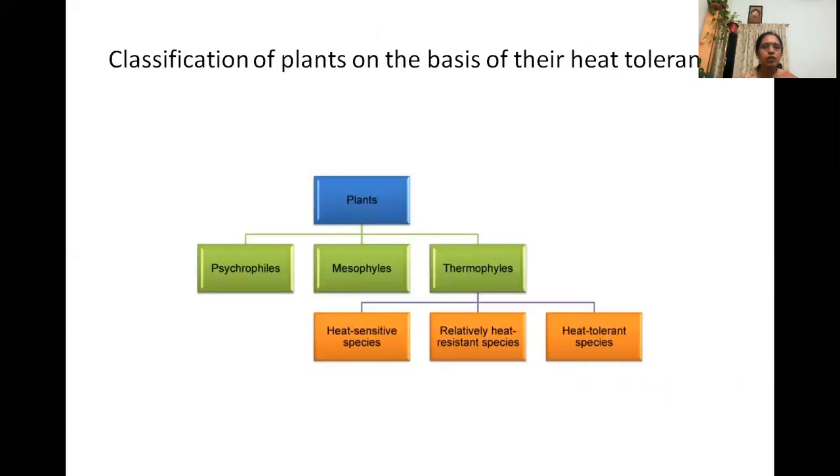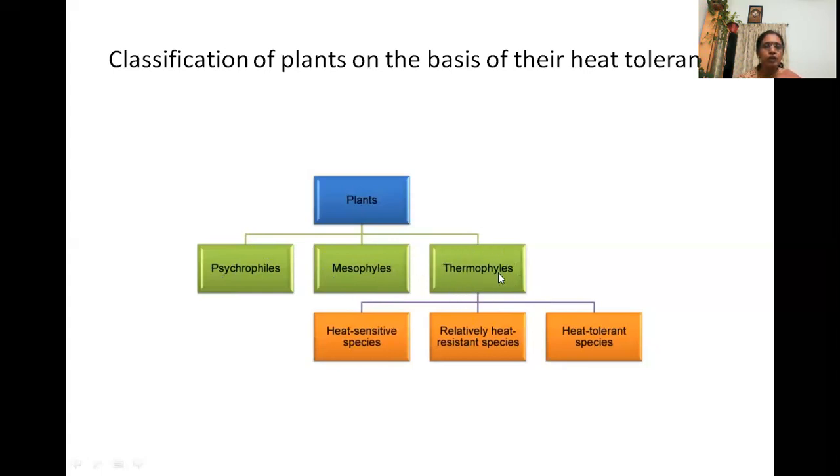And based on the tolerance of the plants to heat, the plants are classified into the following types. Psychrophiles are the low temperature tolerant varieties, and then mesophiles require the optimum temperature, and the thermophiles are heat resistant, or they can withstand high temperature. In this there are three types.